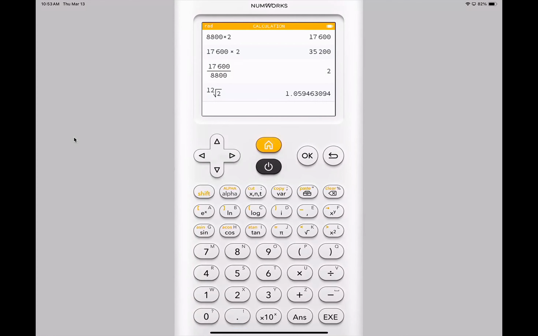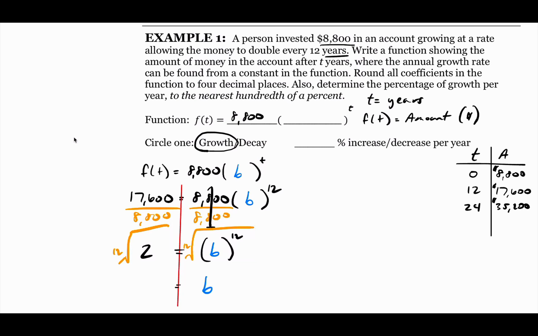So 1.059, and then the 4 is going to go up since the 6 behind it is bigger than 5. So 1.0595. Okay, that is B.